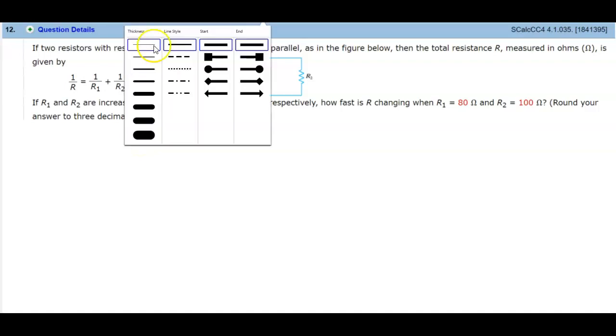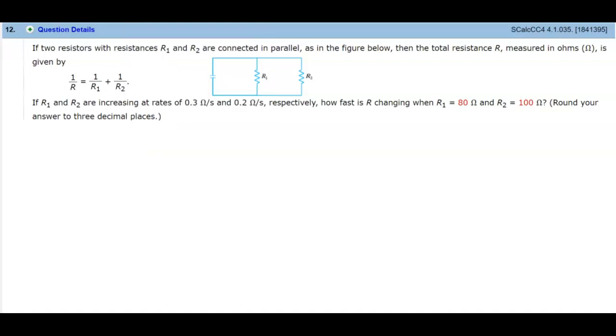Okay, so first things first, we need to know the following. We're given the fact that R1 is equal to 80 ohms, and we know that R2 is equal to 100 ohms.